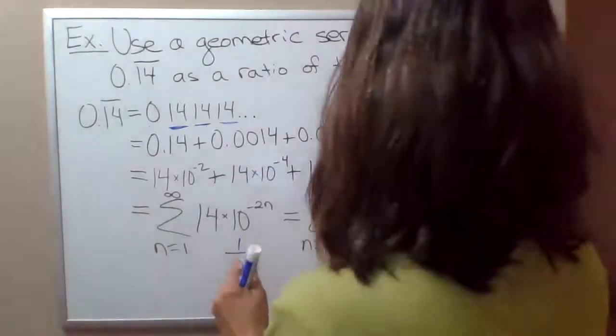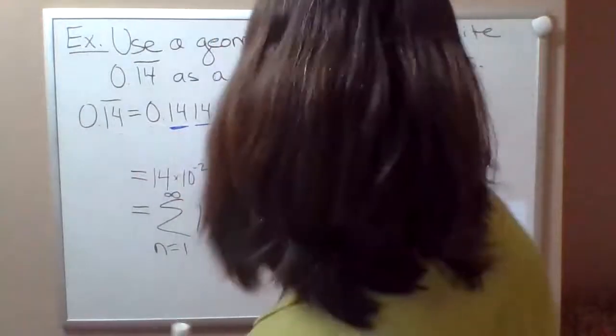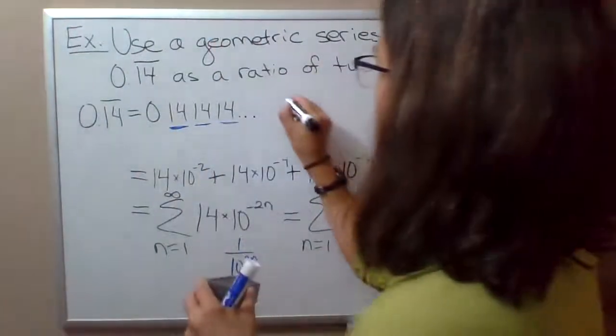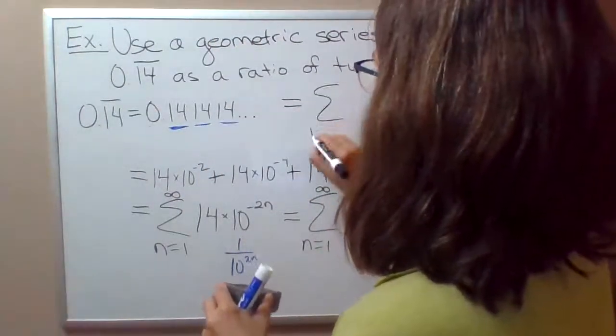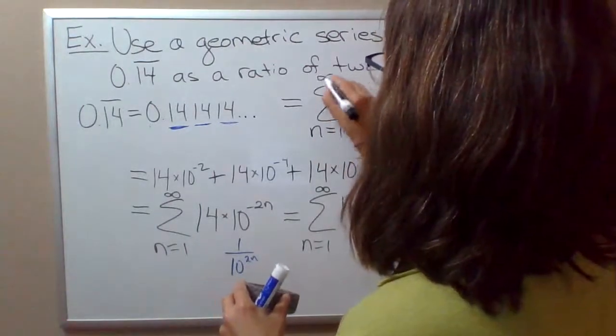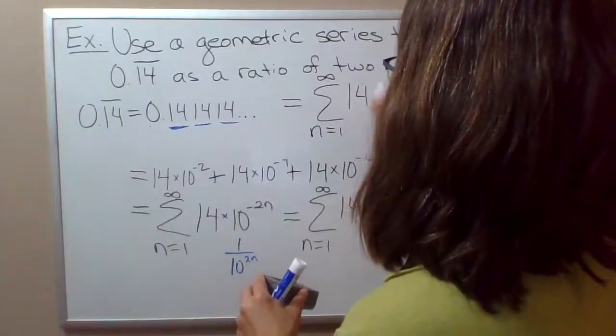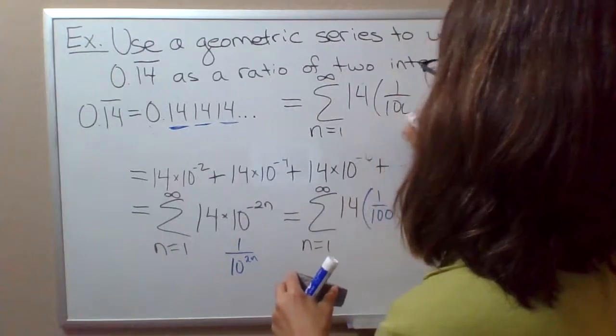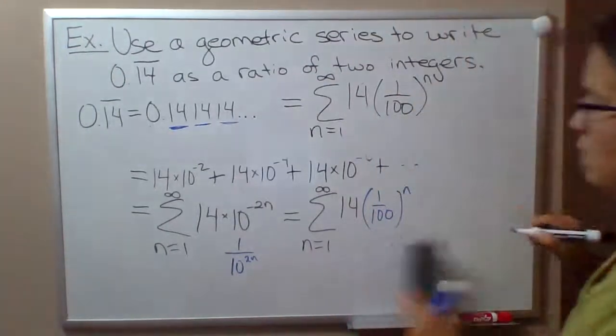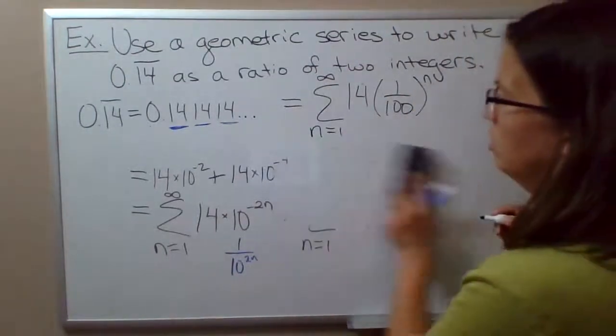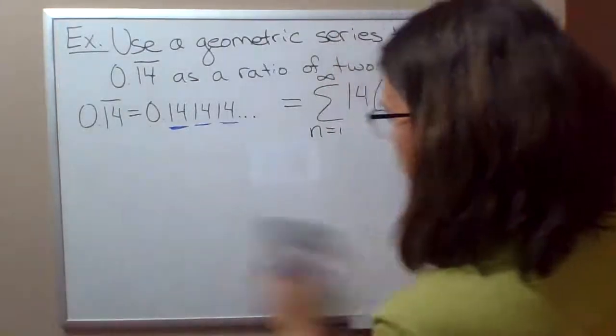Okay, so let me replace this stuff up here with, now we've got it written in the form of a geometric series, the sum from 1 to infinity of 14 times 1 over 100 raised to the n. That's what I came up with down here. Okay, and we know it converges, so we want to find the sum.